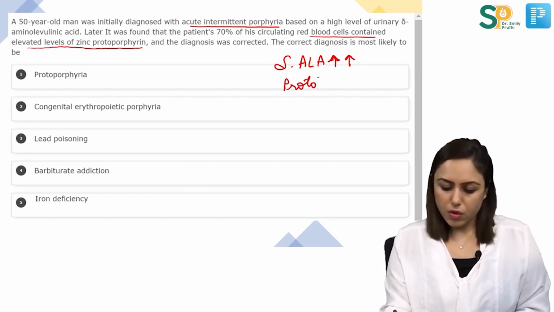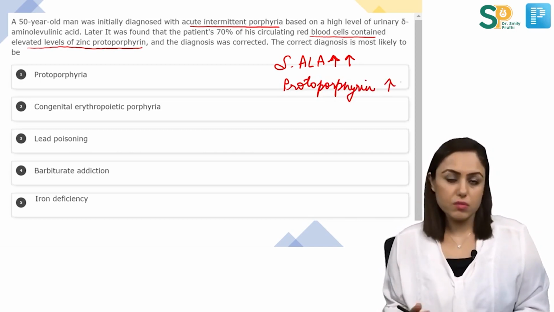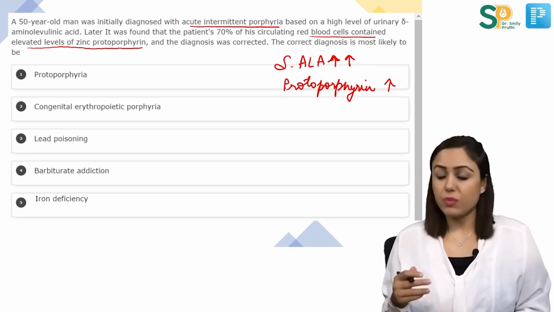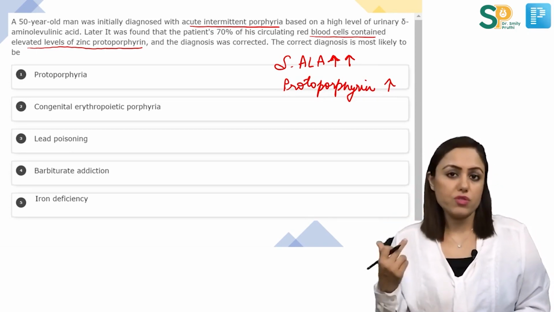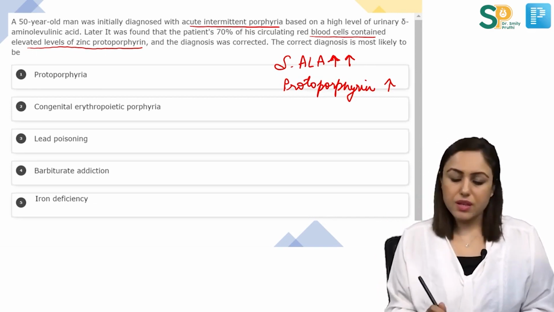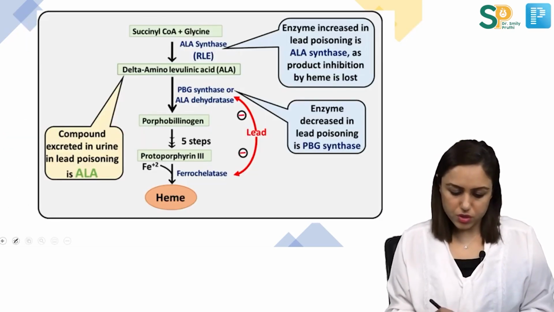So, they have now seen that protoporphyrin is also raised, and in fact more raised. So, the diagnosis was corrected. That means acute intermittent porphyria is not the correct diagnosis here. So, what is the correct diagnosis? The correct diagnosis here is lead poisoning. I'll explain you on the next page.